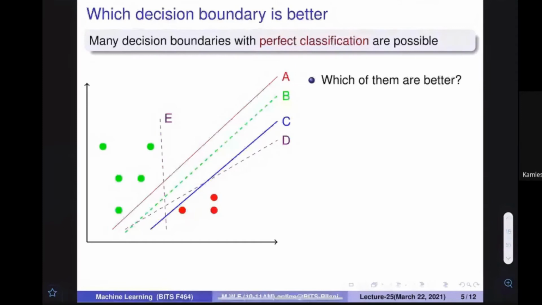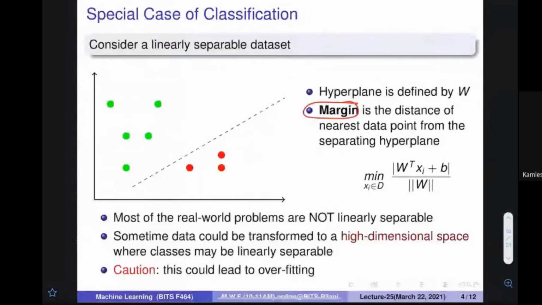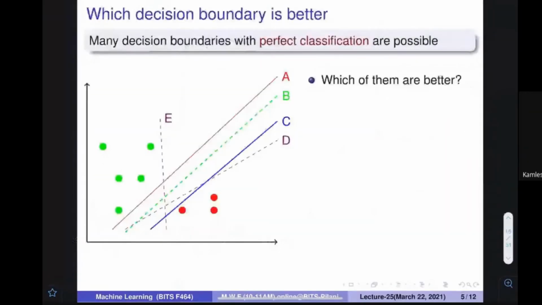It is in between. If you want to see a mathematical concept there, we can utilize the concept of margin. If I use this particular line, my minimum margin is going to be this. If I use this line, the minimum is going to be this.